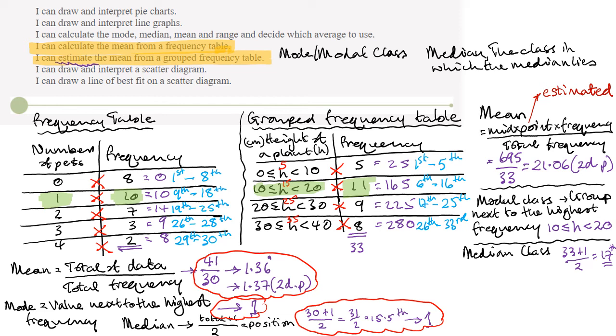So 20 less than or equal to h less than 30. So that is where I would find the middle number. So just like before, I'm just going to highlight the answers for the question. So there's the mean, there's the modal class, and here's the class in which I'd find the median, or the middle number.